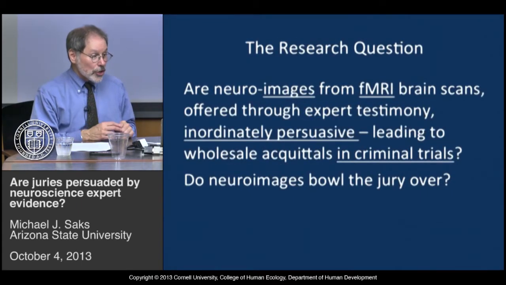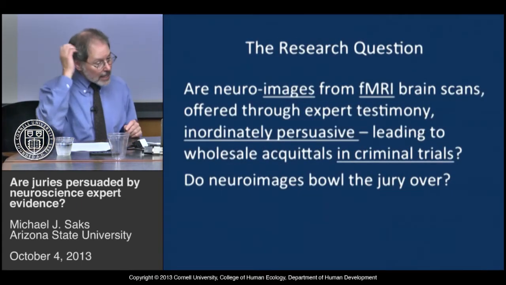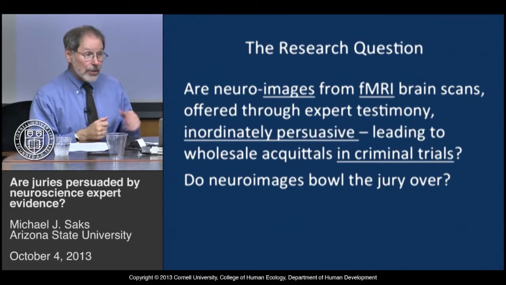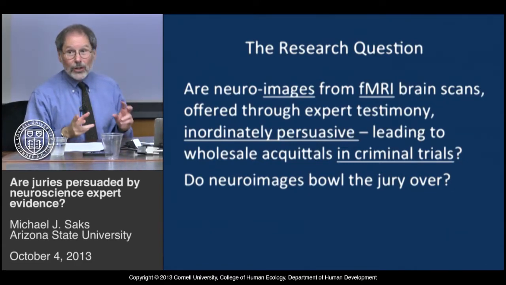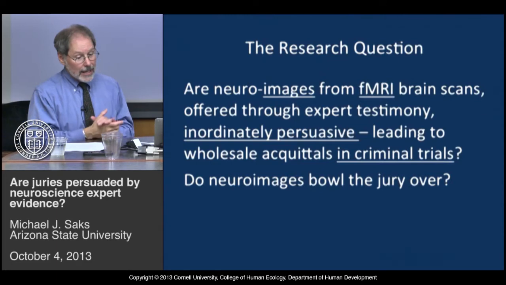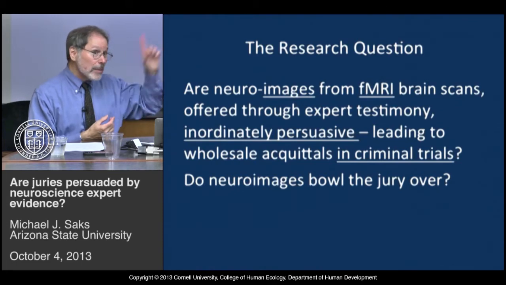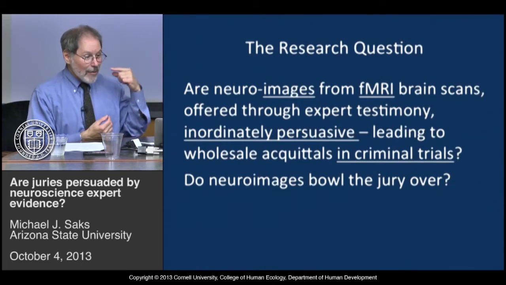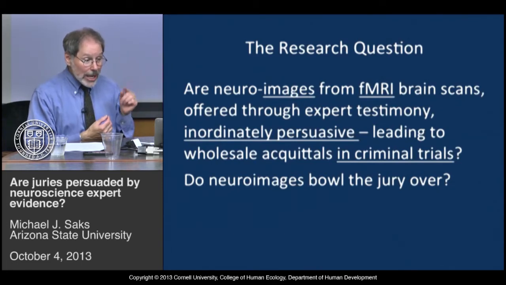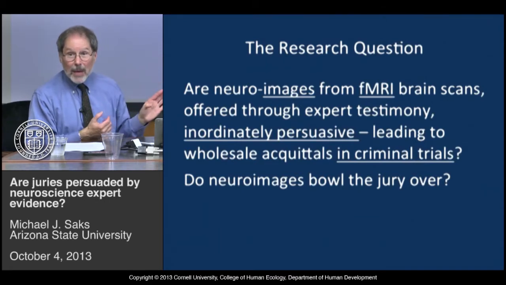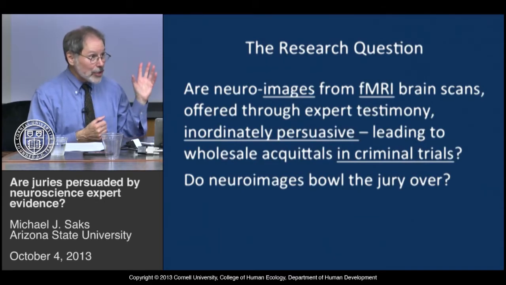So here's the research question, and I underlined things that I think are very important because there are other studies that didn't quite look at those things. What the MacArthur network cared about most was neuroimages from fMRI brain scans, not anatomical injuries, brain scans of those, offered through expert testimony.